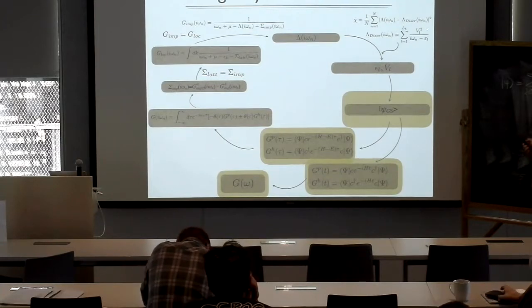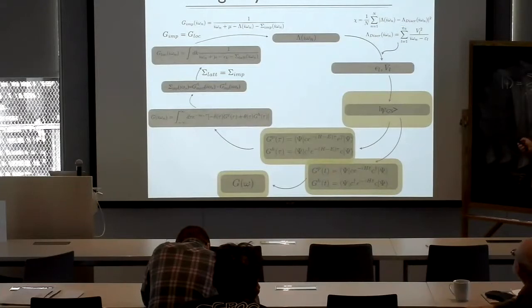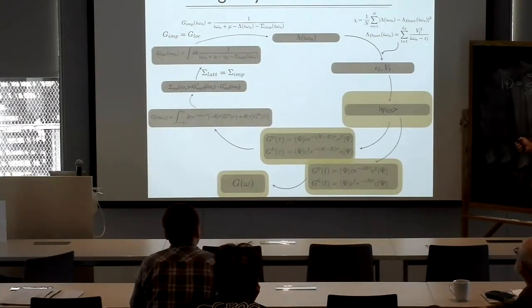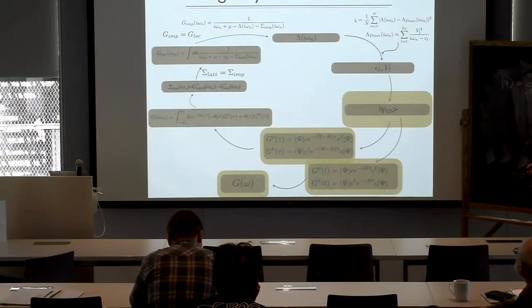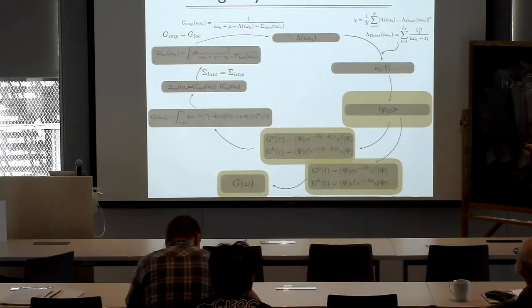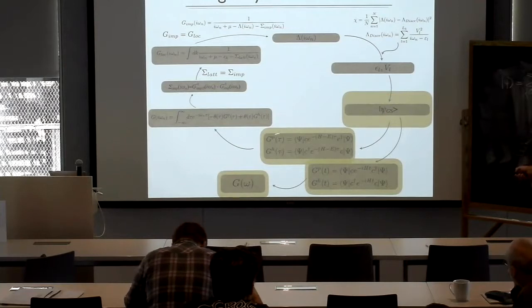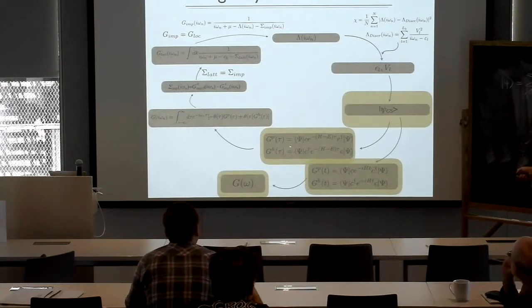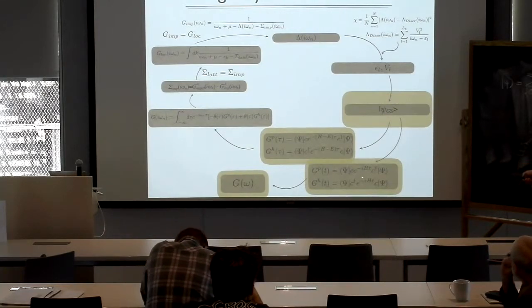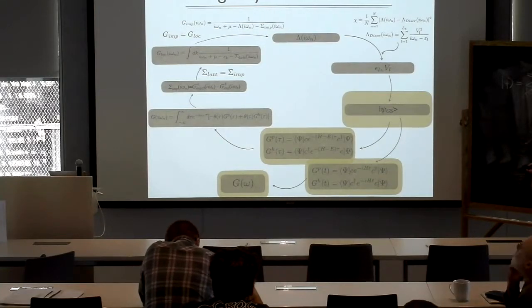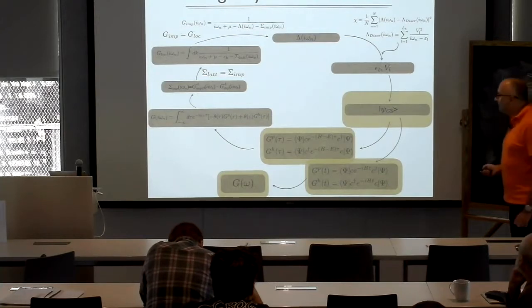You introduce a bath with hopping terms and on-site energies that results in a hybridization function of that form, which you fit to that one in order to get hold of the hoppings and on-site energies. This is a standard procedure. And this is where we basically use the matrix product state technology, is to find the ground state, then to calculate the Green's functions, both in imaginary time and also in real time if desired, once we have converged the DMFT loop.